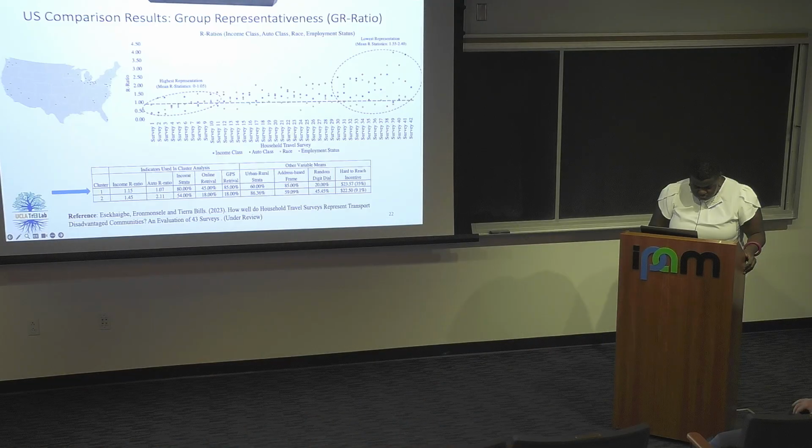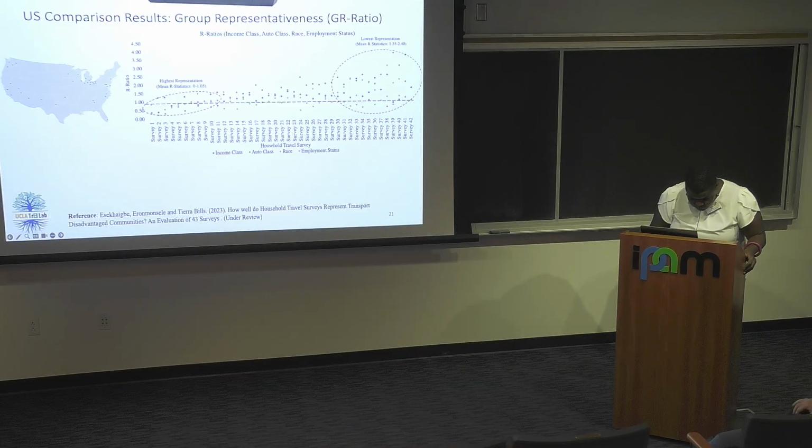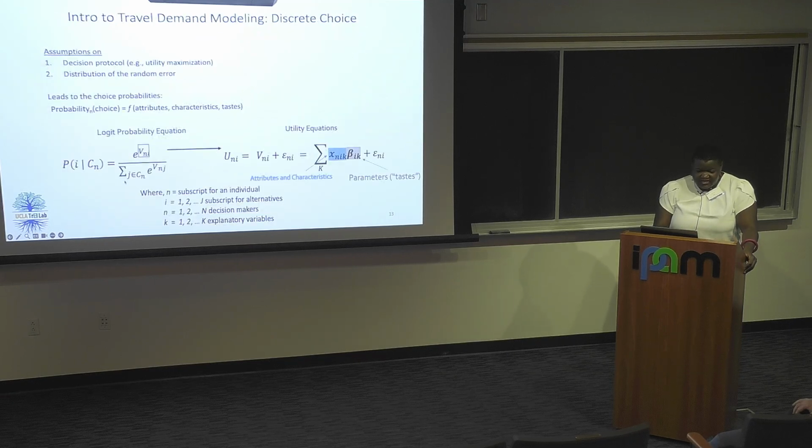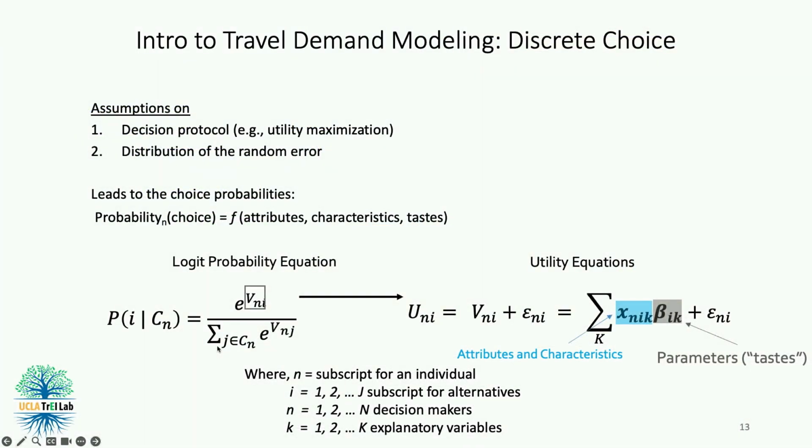And then the final thing I'll say is that I'm really interested in this idea of choice set modeling. So going back to this slide, often analysts will assume that we can correctly specify the choice sets.